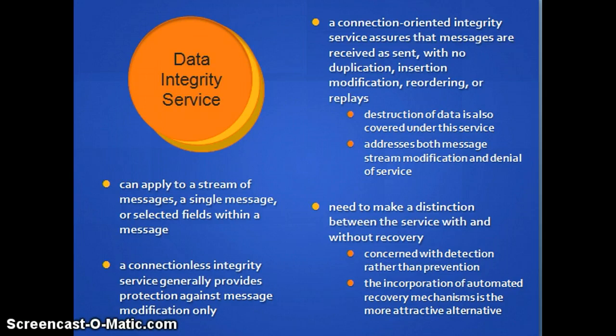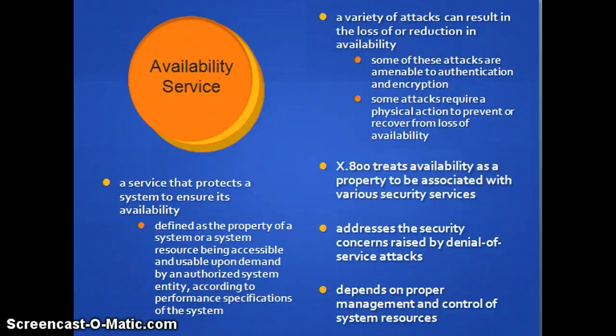It can apply to a stream of messages, a single message or selected fields within a message, with connectionless integrity or connection-oriented integrity. By the end, with data integrity, we would like to receive exactly what is sent. No change, no delay, no damage.